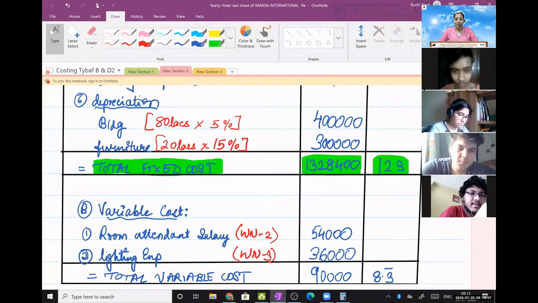Room attendant salary, which we calculated as per working note number 2, 54,000. And as per working note number 3, we calculated lighting expenses, 36,000.